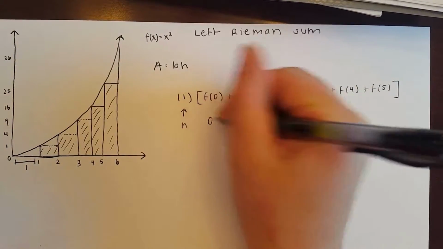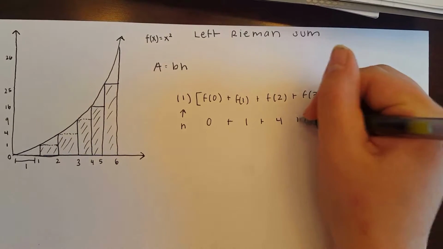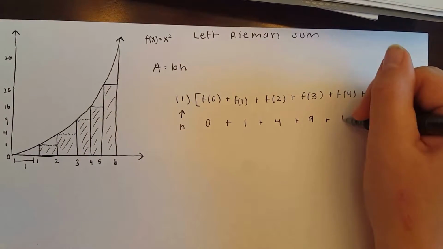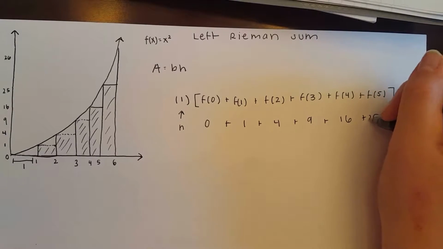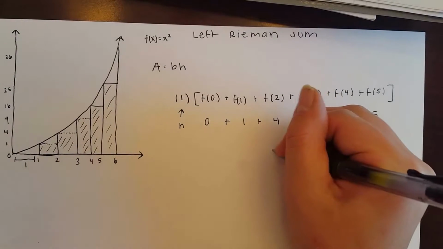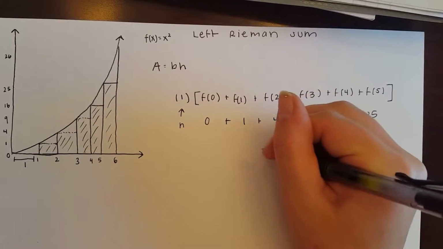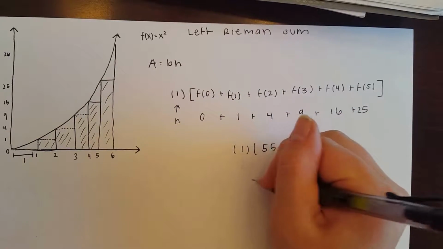At f of 0, it's 0, f of 1, and so on. And now all you have to do is add these up. And when you do that, you get 55. And since now we would multiply it by the height, but since it's 1, it's going to stay 55.